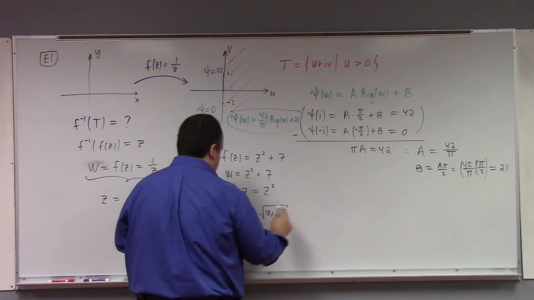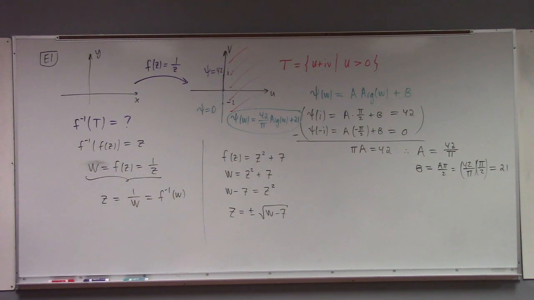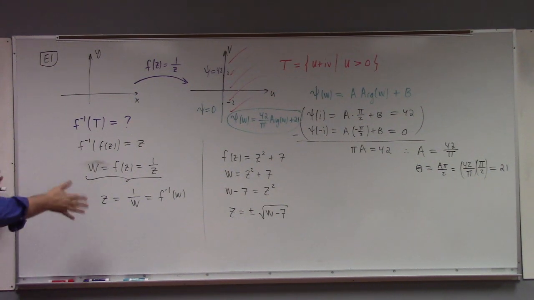That's a principal square root, because at best you can give a local inverse for this function, because this function is not 1-to-1 everywhere, right? So I could choose the plus square root. That would be an inverse function to z squared plus 7, restricted to a certain domain. Likewise, the minus would be an inverse function to z squared plus 7, restricted to a certain domain. So that's just a crash course on how you calculate the inverse function. You set w equal to f of z and solve for z. That gives you the inverse functions.